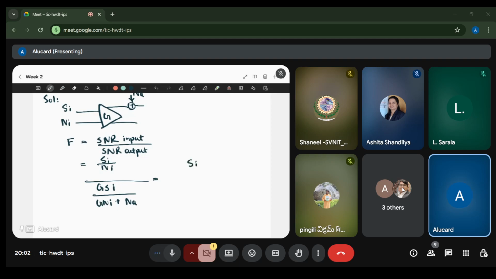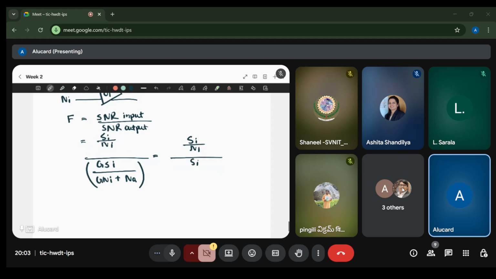Then you can eliminate the GSi. In this part, you can divide both the numerator and denominator by G. You get Ni plus Na over G.